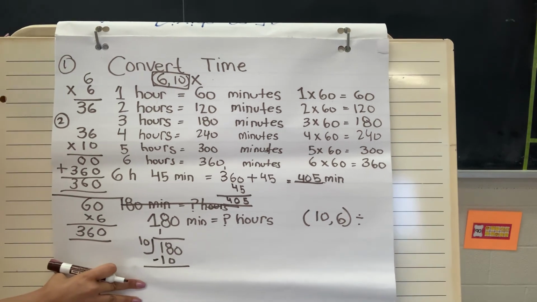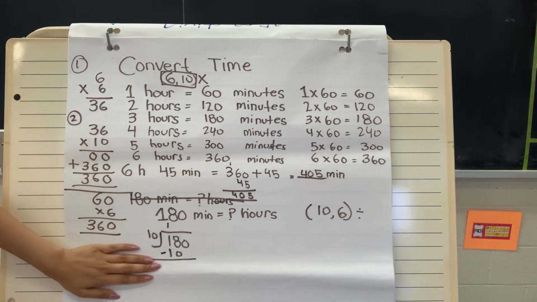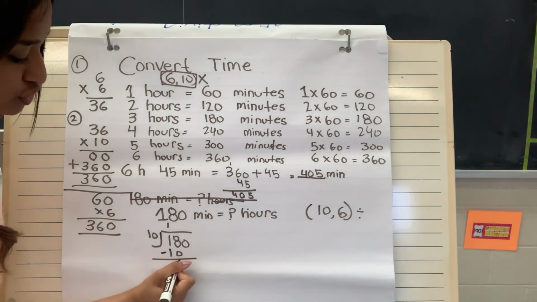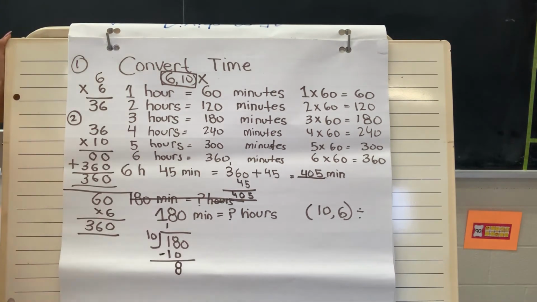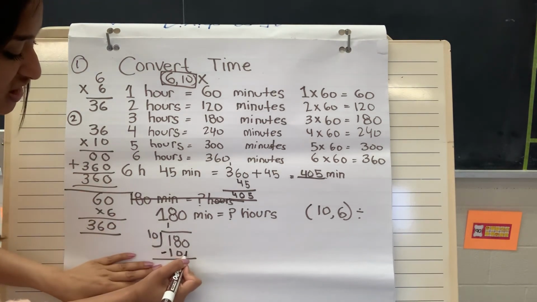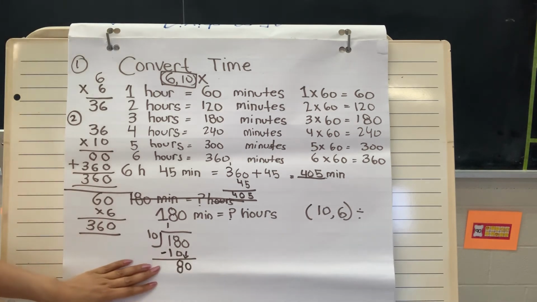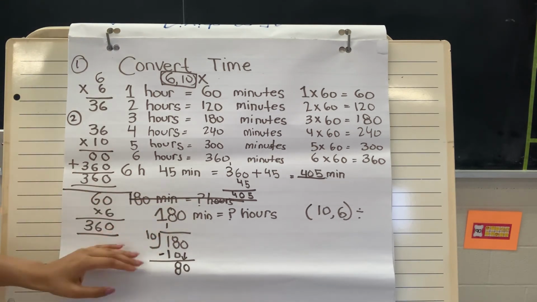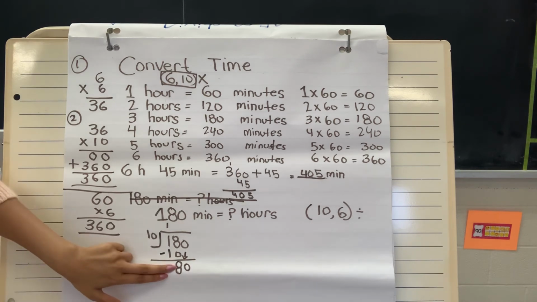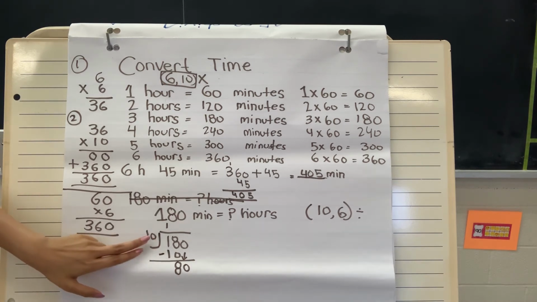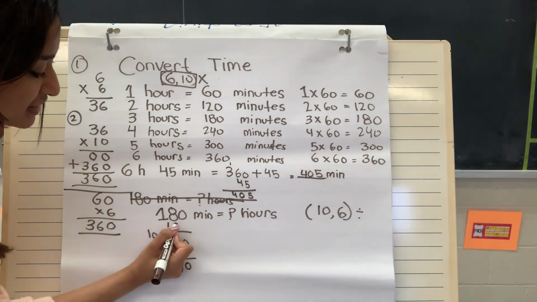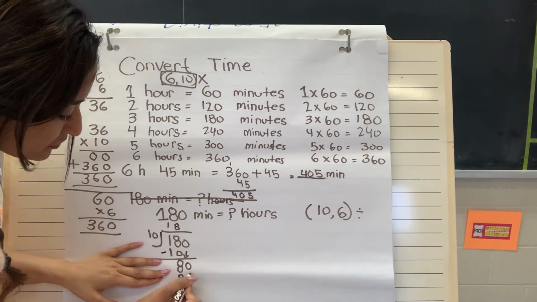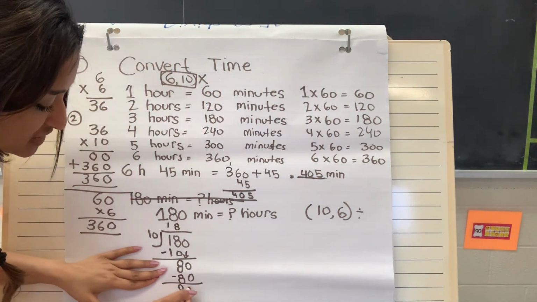You have 18 pencils, I take away 10, you should be left with 8, right? And then I bring my 0 down, and since the 10 times table is so easy, we know we've definitely seen 80 in the 10 times table. So 10 times 8 gives me 80, that's right. And I am left with nothing.